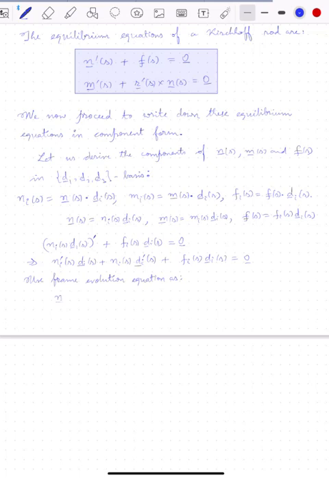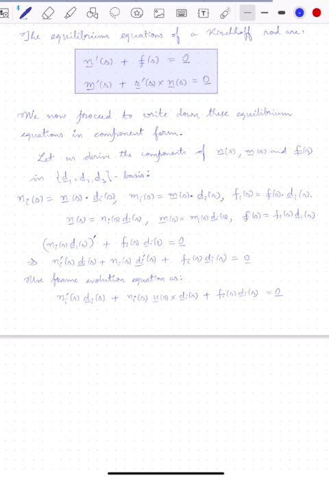So we have Ni prime of S Di of S plus Ni of S, and this can be written as u cross Di of S, plus Ni Fi of S Di is equal to 0 vector.